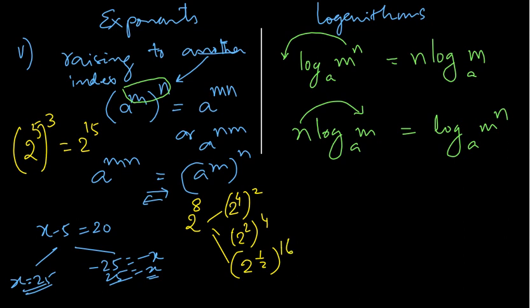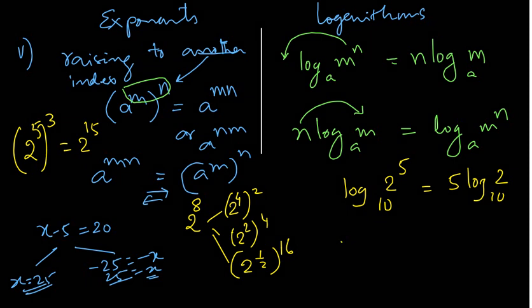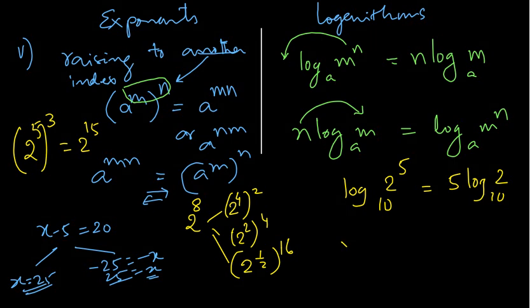So on this side, I have log 2 to the power of 5 to the base 10, equal to 5 log 2 to the base 10. For example, half log 25 to the base 10.